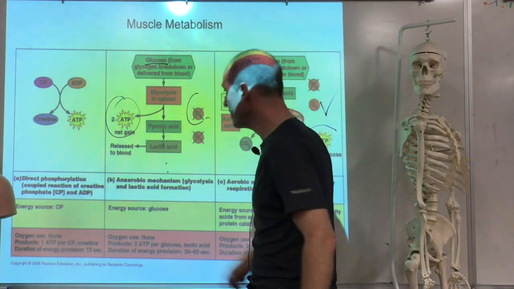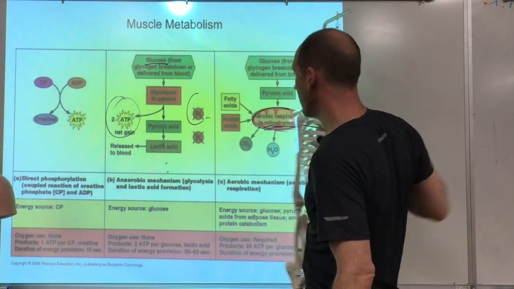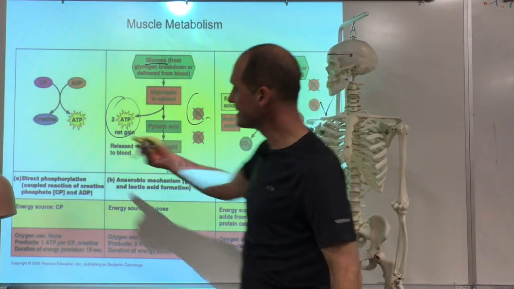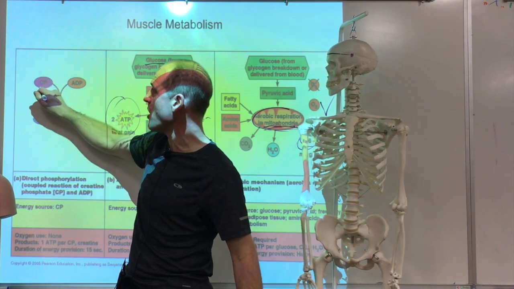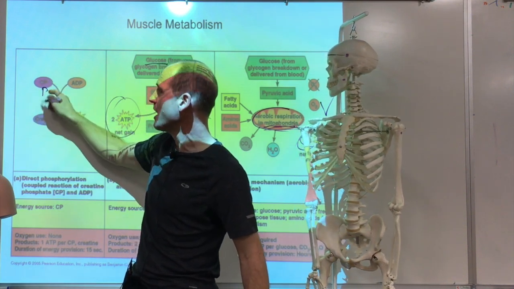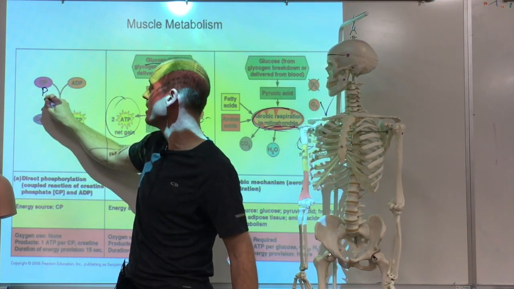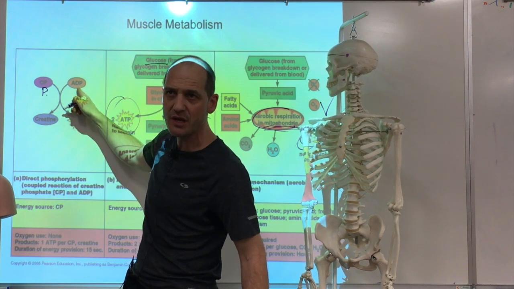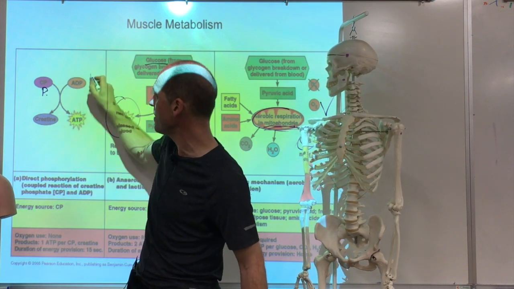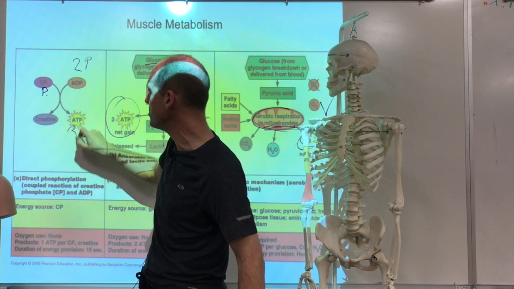And then we have the creatine phosphate way of doing it. And that's a simple step where we have the creatine phosphate. So the P is the phosphate. We want to take that P and put it onto the ADP and make an ATP. You remember ADP is 2-phosphate, ATP is 3-phosphate.